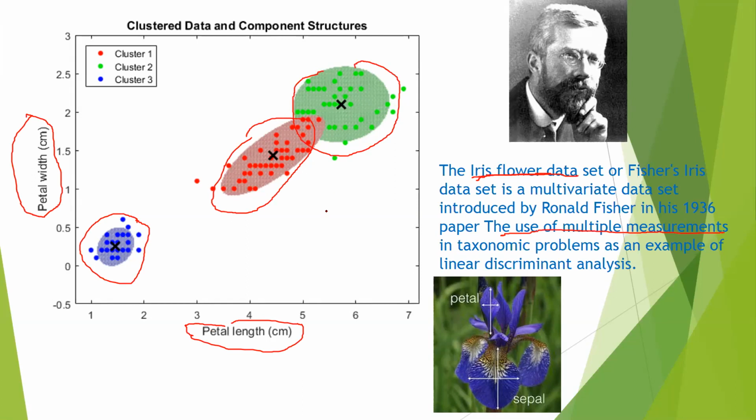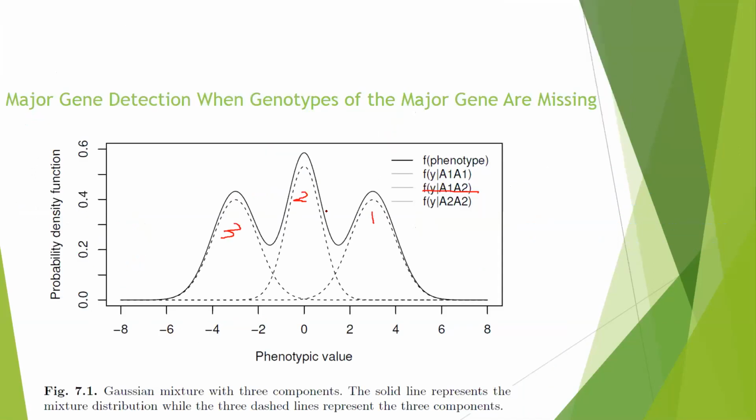So how did they do this? This is the same thing. So without the genetic information, can we still test the association between a potential major locus and the phenotypic variation? This is what we're going to learn next time.